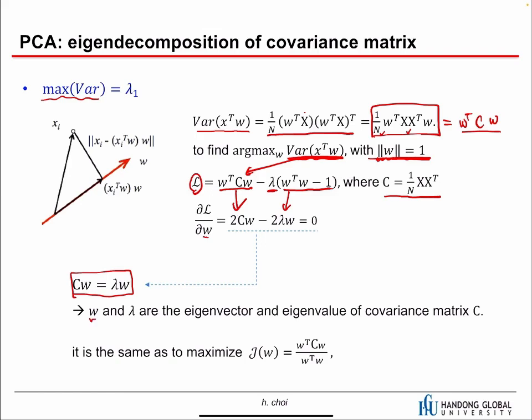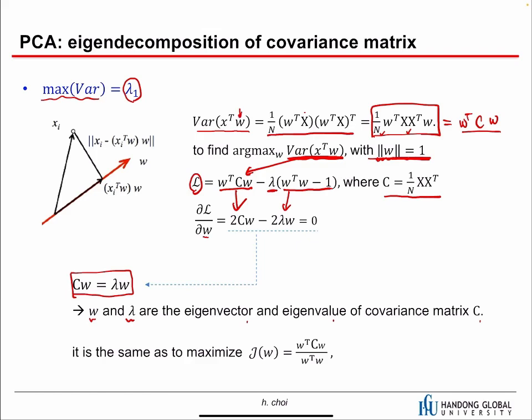So w and lambda are the eigenvector and eigenvalue of the covariance matrix C. So maximal preserved variance is exactly the same as the largest eigenvalue. And when we have maximum preserved variance, the vector w is the largest eigenvector.